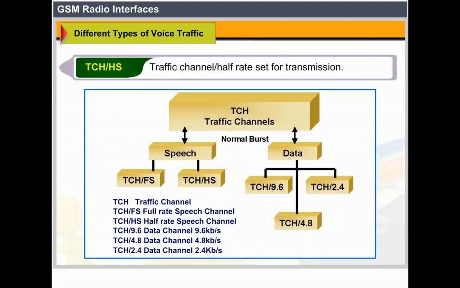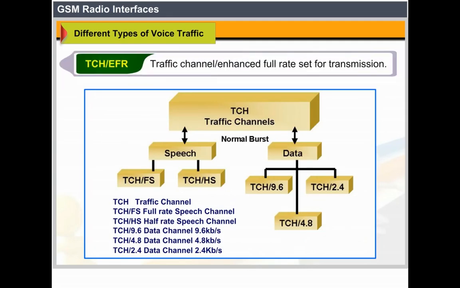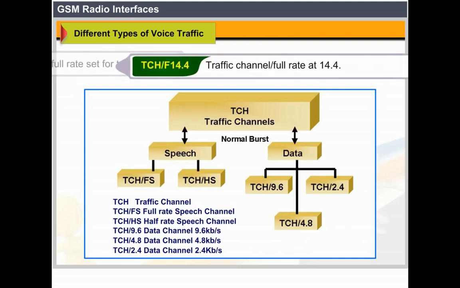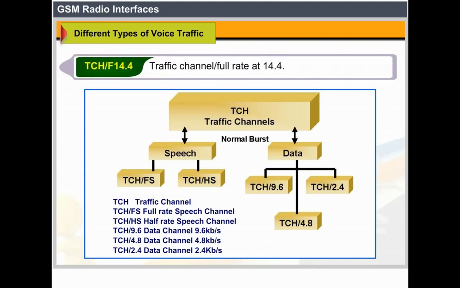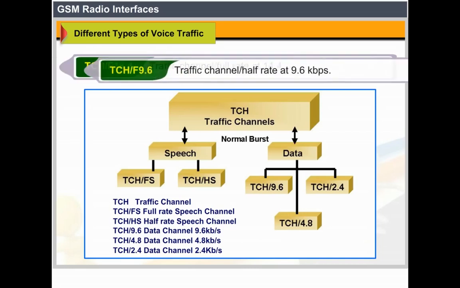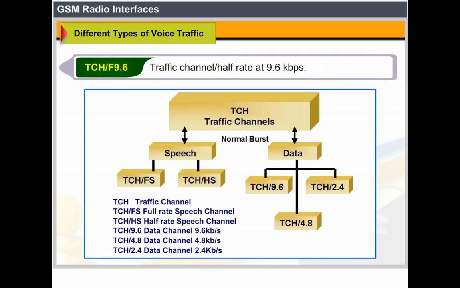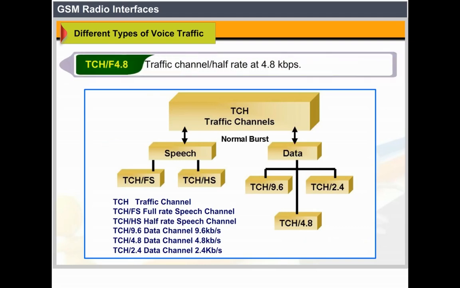TCH/HS, traffic channel half rate set for transmission. TCH/EFR, traffic channel enhanced full rate set for transmission. TCH/F14.4, traffic channel full rate at 14.4 kbps. TCH/F9.6, traffic channel full rate at 9.6 kbps. TCH/F4.8, traffic channel full rate at 4.8 kbps.